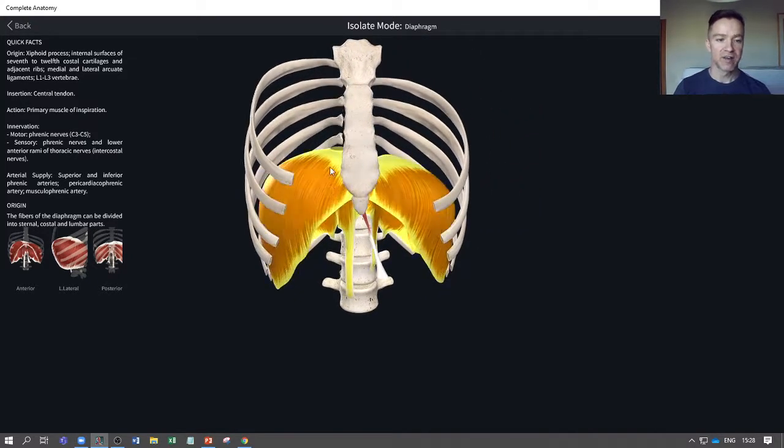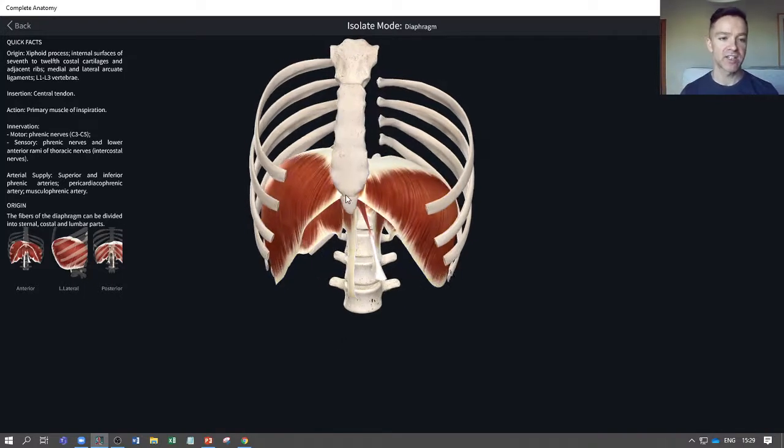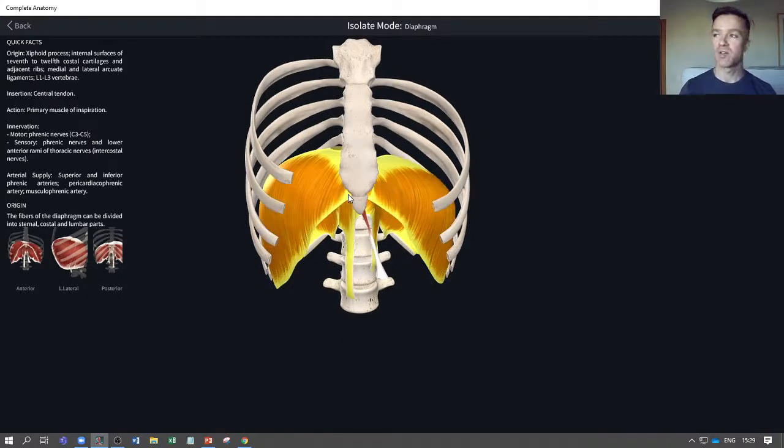When the diaphragm contracts, it pulls down, and that creates negative pressure in the chest cavity. Because we've got an area of low pressure being generated here relative to the area of high air pressure outside, air will pass into the lungs, and respiration can occur. We can extract oxygen, we can deposit carbon dioxide.